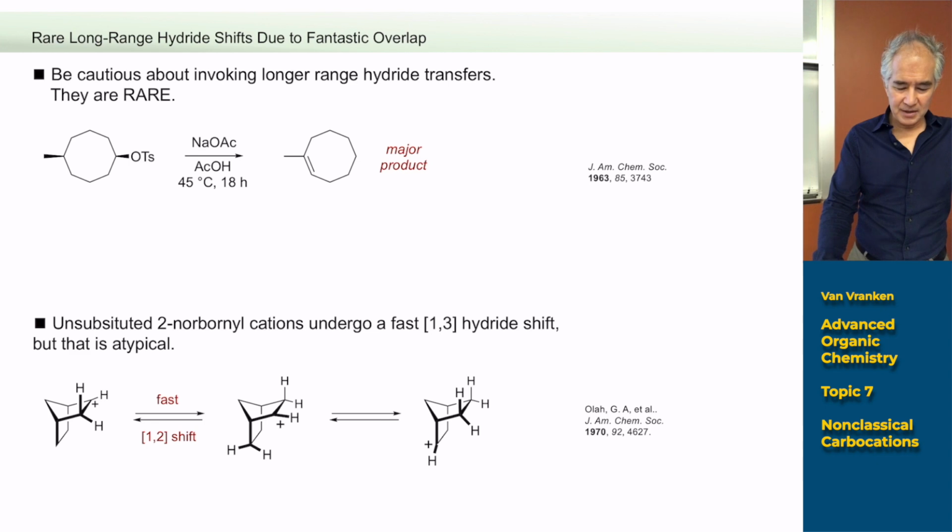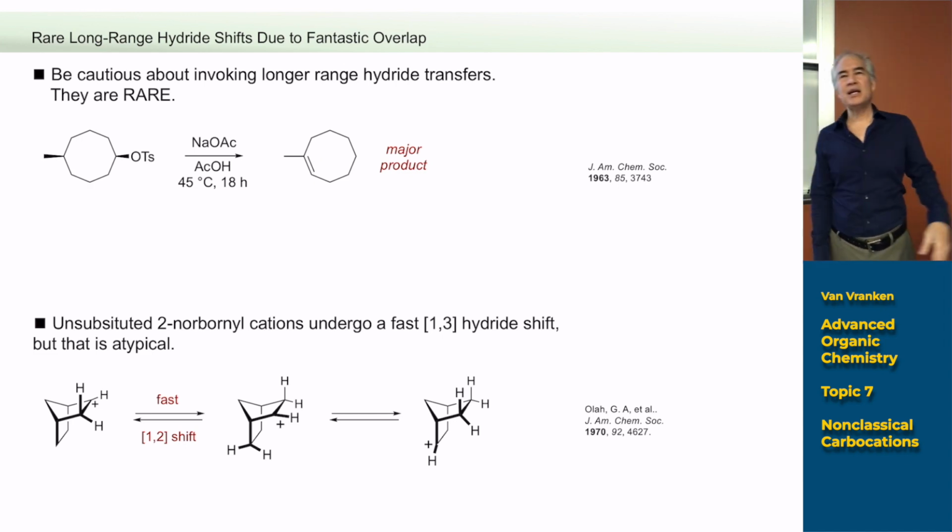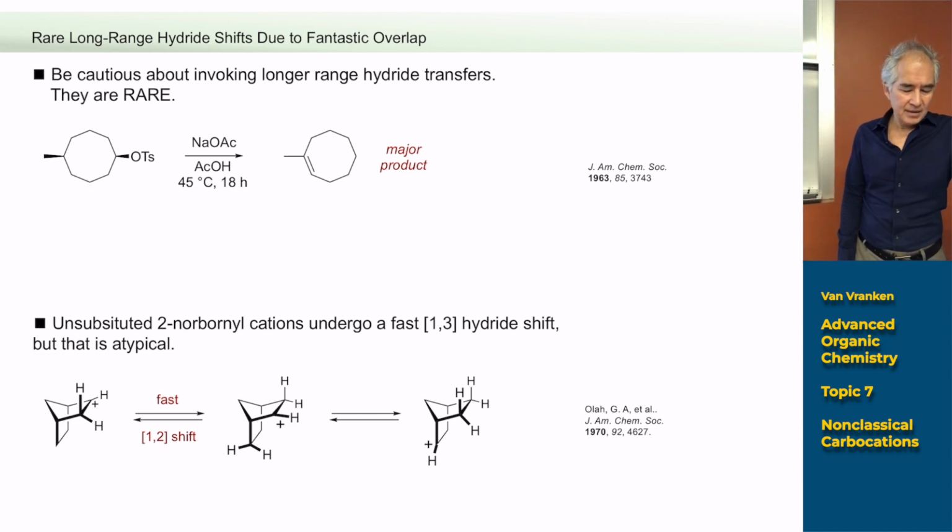Here's an example. It's kind of hard to believe, but somebody went through the trouble of showing what was going on here. So here's a transformation that is deceptively simple. You're losing a tosylate group, and then you're making an alkene. It's kind of like some sort of an E1 elimination reaction. But what's just happened here?